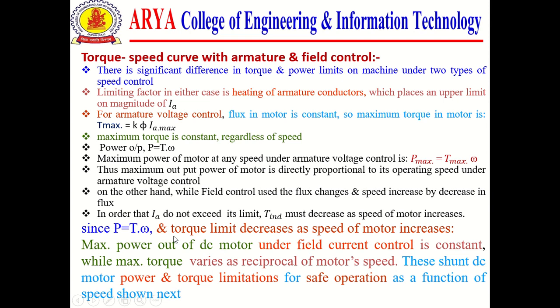Since P equals T omega, the torque limit decreases as motor speed increases. So the maximum power output of a DC motor under field current control is constant, while maximum torque varies as the reciprocal of motor speed. This shunt DC motor power and torque limitation for safe operation as a function of speed is shown in the next slide.